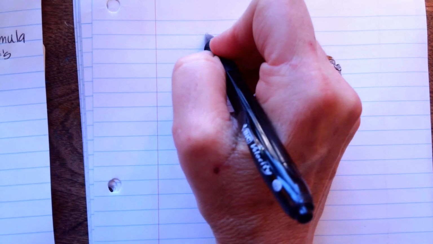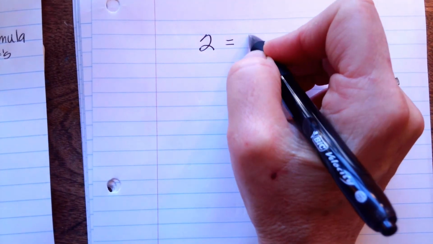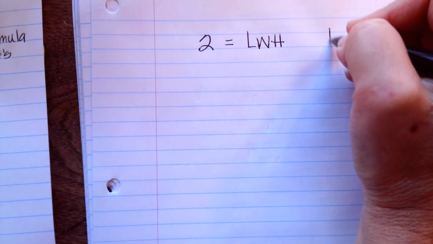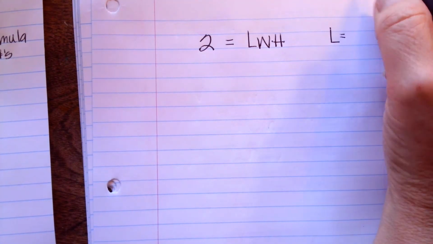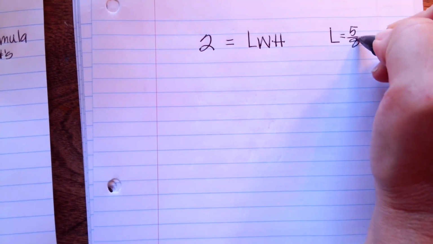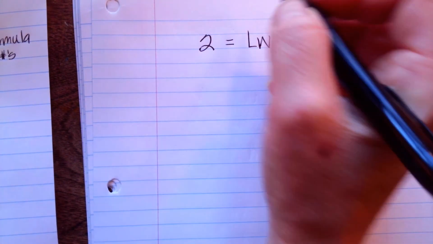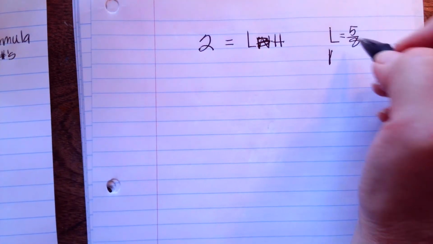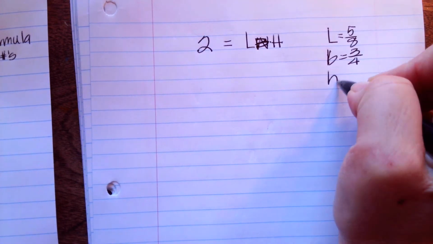So we're going to do 2 equals length times width times height. And the length is going to be 5/8, and the base is going to be 3/4, and we have to find out what the height is.